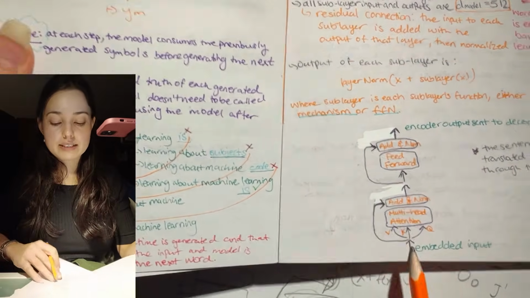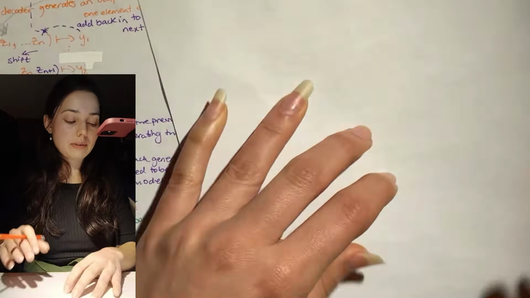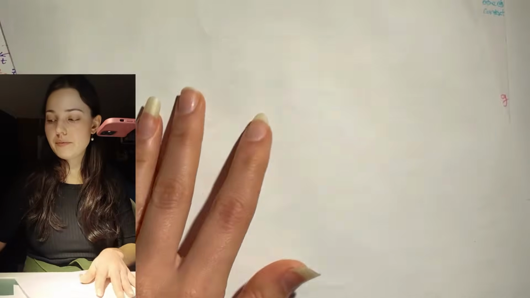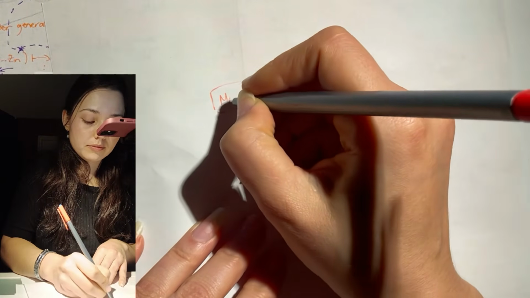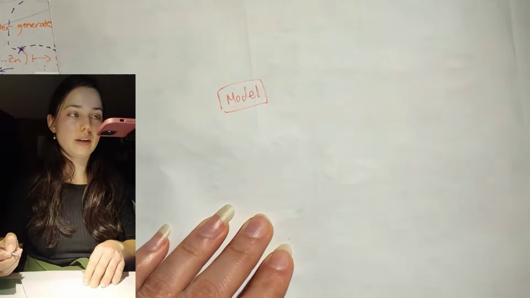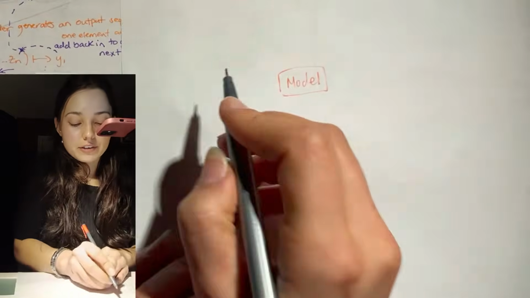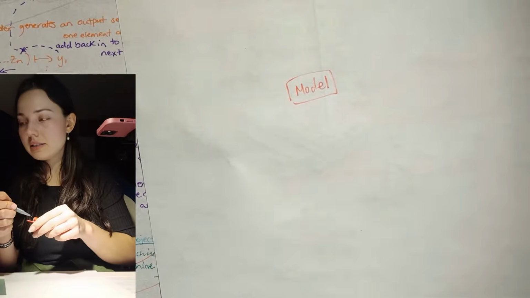So if I were to make a similar diagram for the model, let's say this is our model. And then we have our first input.